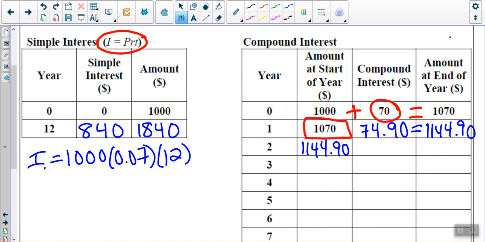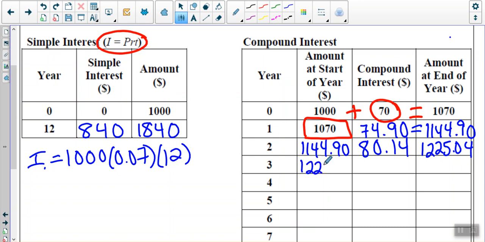Continuing with your calculator, and remember this is money, so we're going to round to the nearest hundredth. 7% of $1,144.90 is now $80.14. You can see the interest amount has increased even between year 1 and year 2, giving us $1,225.04.